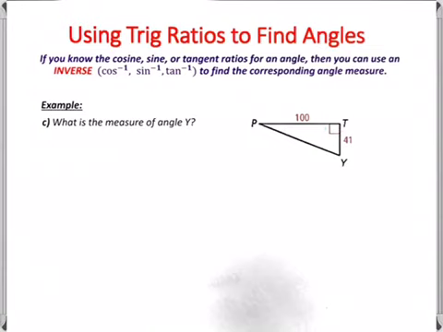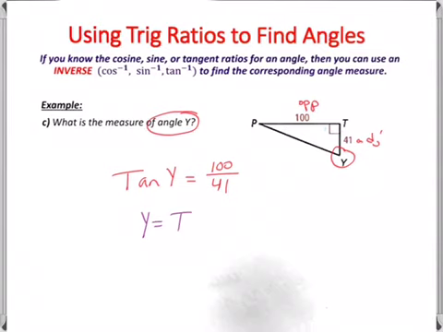All right, for the next one, they've asked us to find the measure of angle y. Well, y is here. We've got the opposite side and the adjacent side. Opposite and adjacent is tangent, so I've got the tangent of y equals opposite over adjacent. I'm looking for an angle measure, so I'm going to use the inverse.